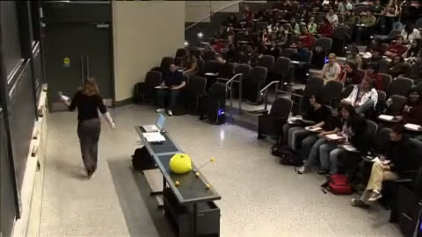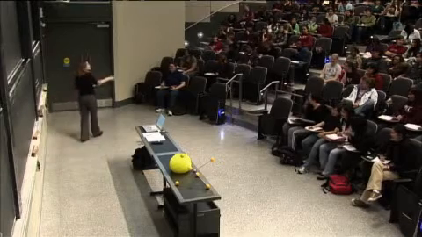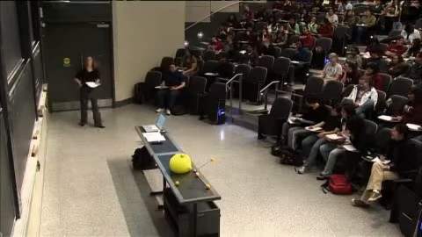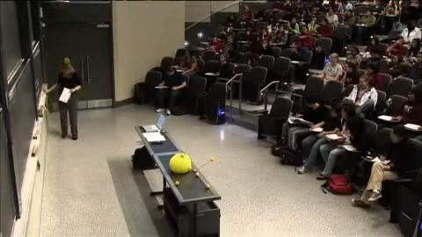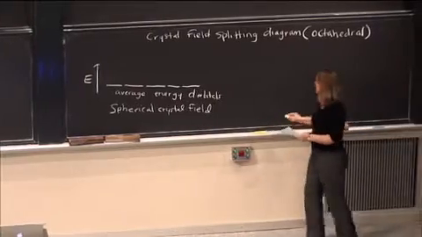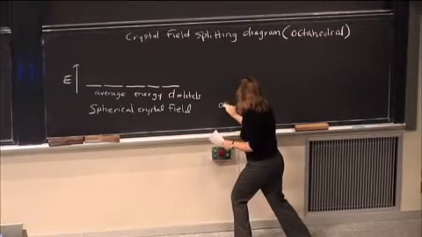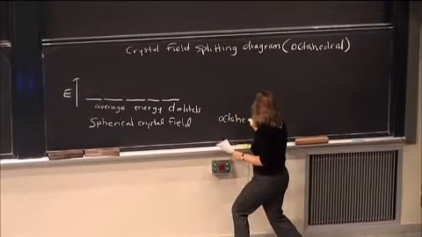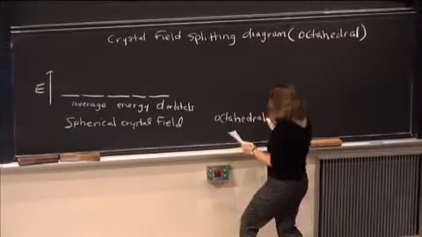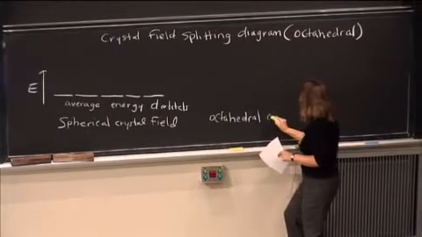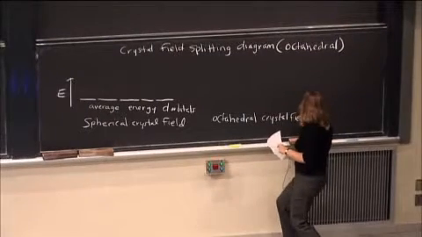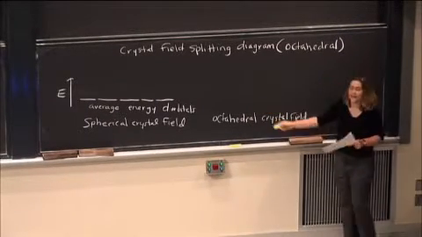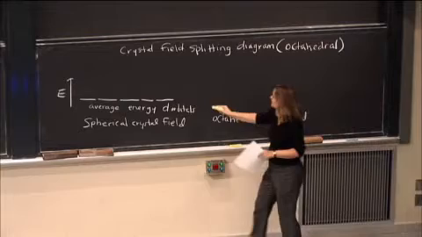Okay. So in that case, where the ligands are uniform all around, the energy is the same. But now, if we have an octahedral crystal field over here, then we get some splitting.